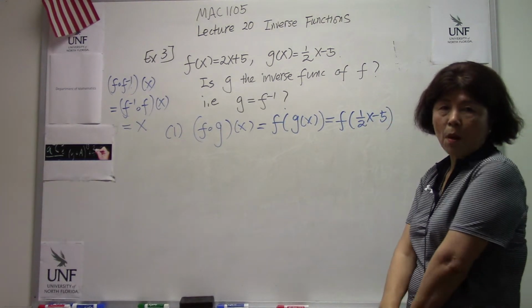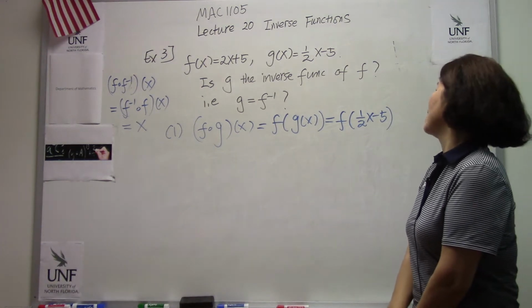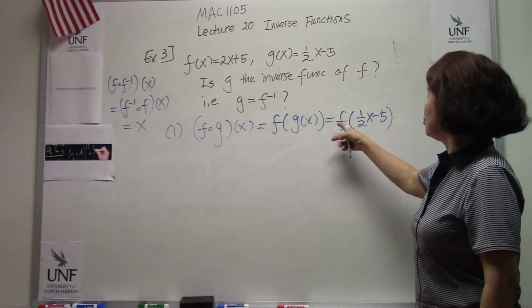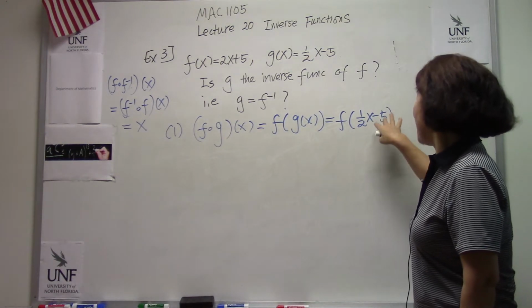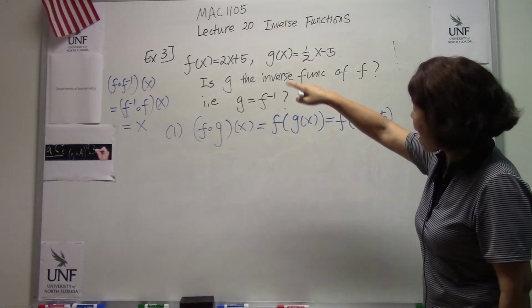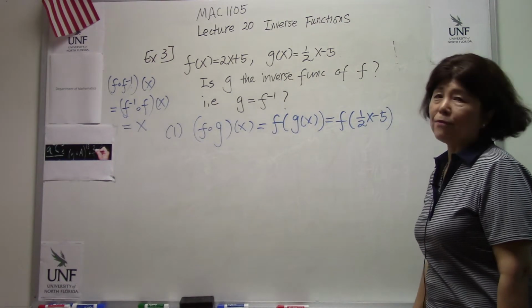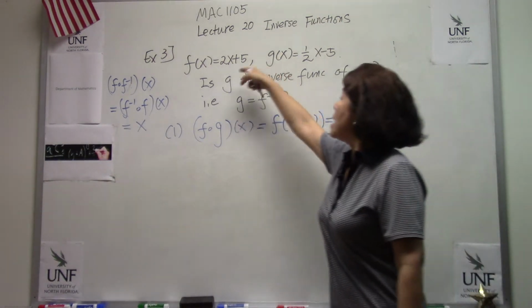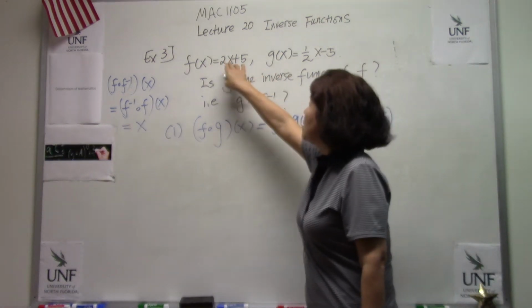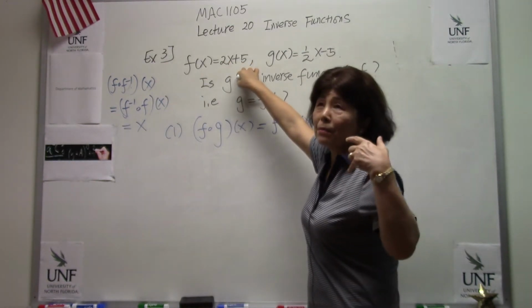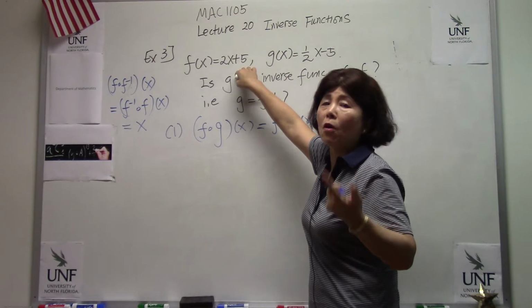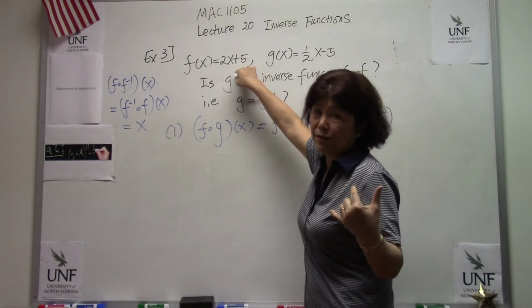So let's pause. What does that mean? Yes, now the function F has input like 1/2 X minus 5. And then go back to here. What does function F do? It doubles the input and then adds 5, correct? Sometimes it's easier to describe verbally rather than just 2x plus 5.